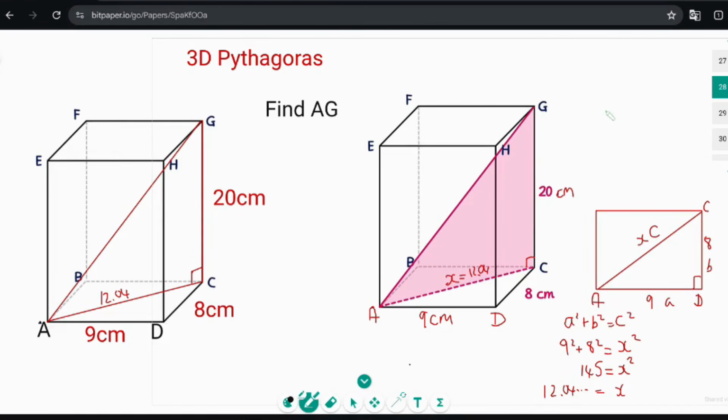Let me draw it as a right angle triangle though, so you can see. So that's our ACG, that's our unknown, 20, 12.04. Again, we're looking for the hypotenuse. So when we look for the hypotenuse, we square and add, then square root.